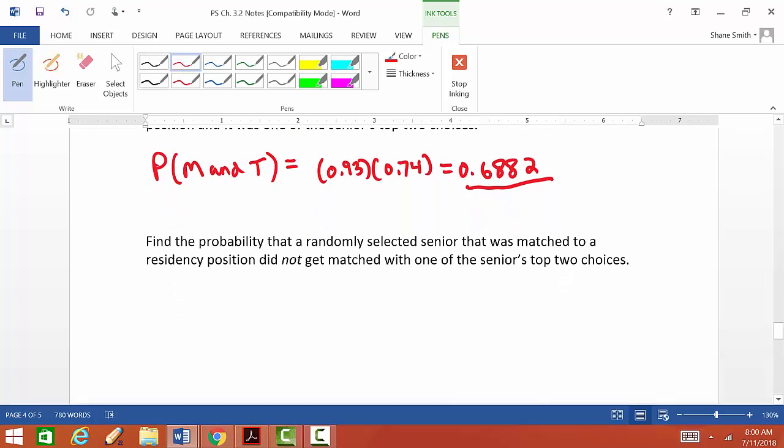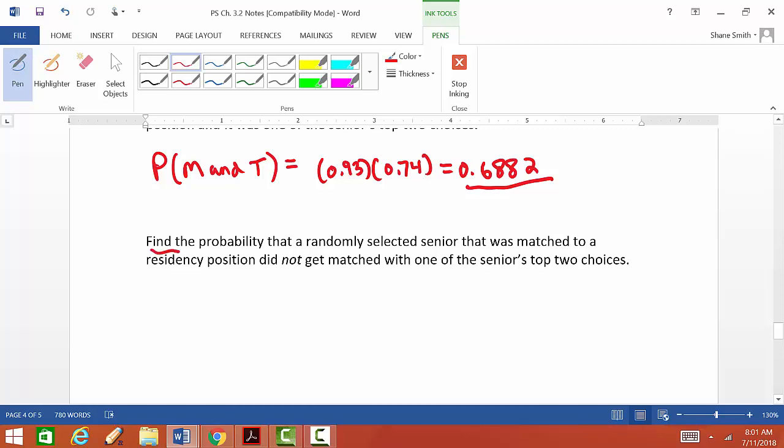Okay, and then the next one, find the probability that a randomly selected senior that was matched to a residency position did not get matched with one of the senior's top 2 choices. And this is a little tricky because you have to know what you're actually trying to find the probability of.